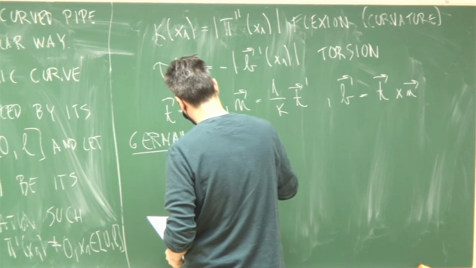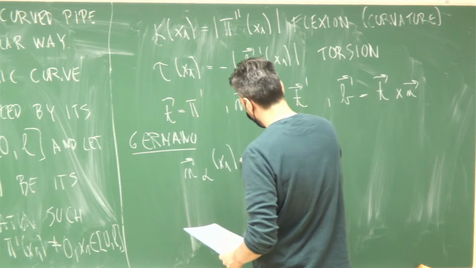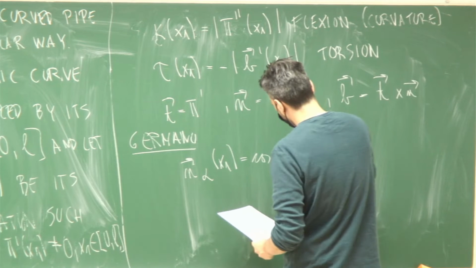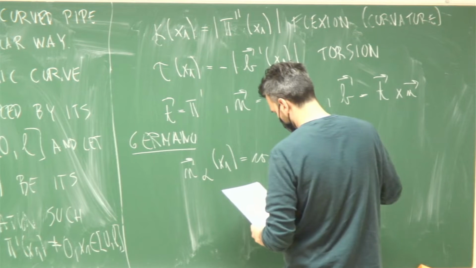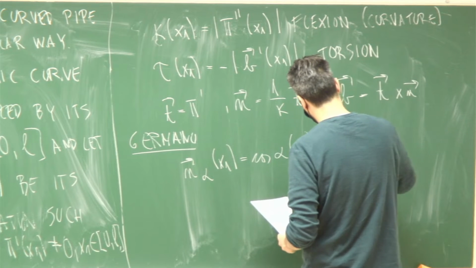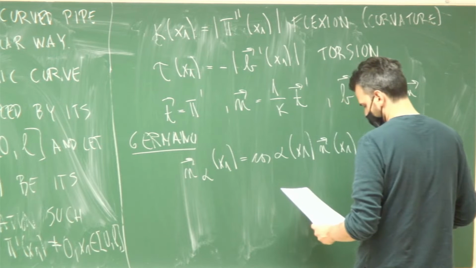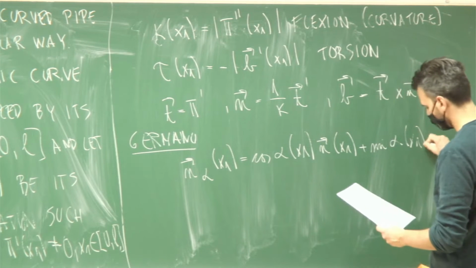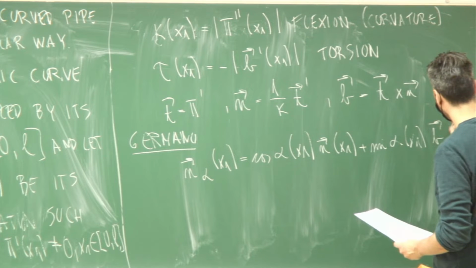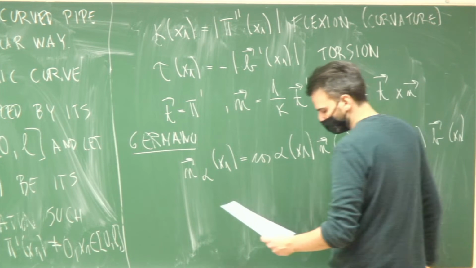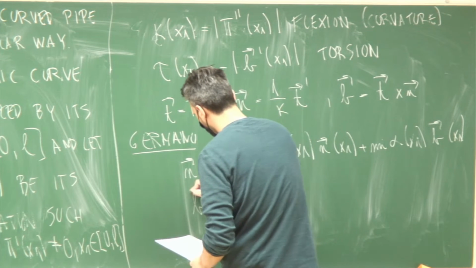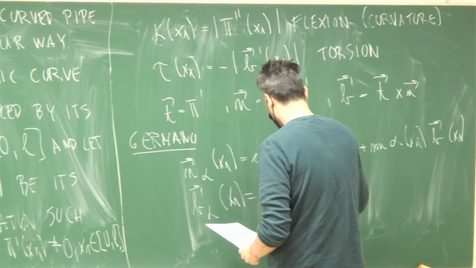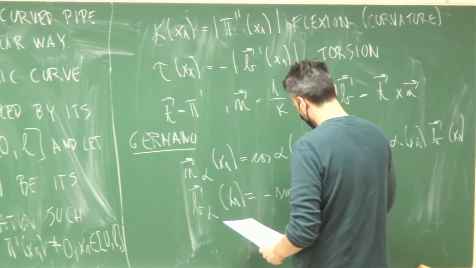So we have this n alpha of x1. It's given in this way: cosine of alpha of x1 n of x1 plus sine of alpha of x1 b of x1, and here you have minus sine of alpha.